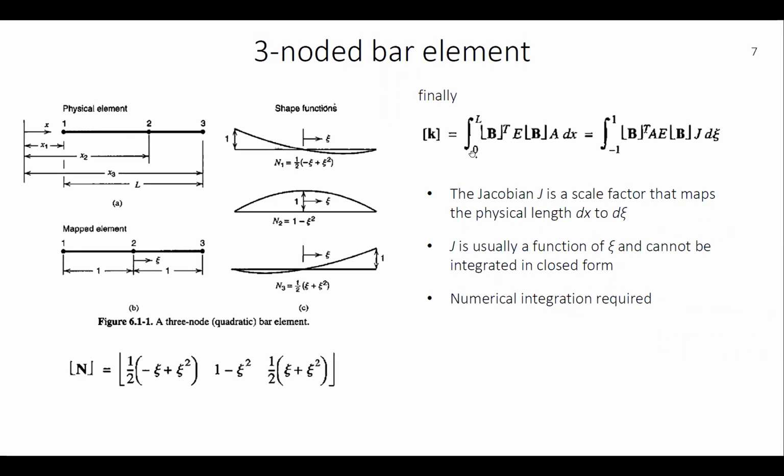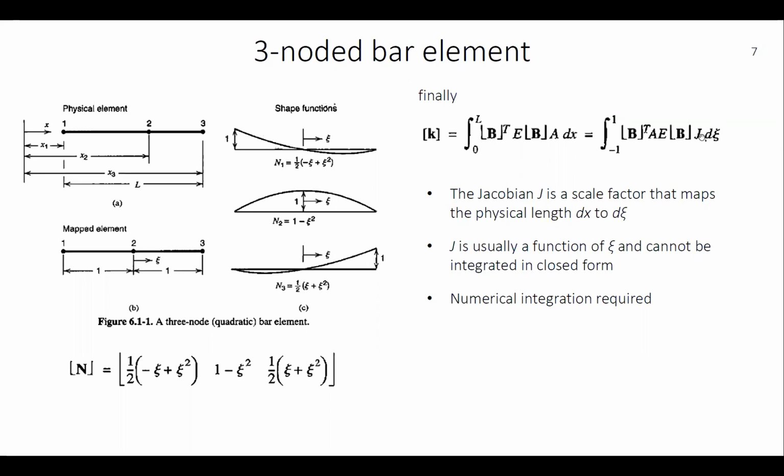Integrate this over the whole element. So this is the general procedure, actually, when you have the B matrix in only the global domain. But now we have it formulated in the mapped domain. So instead of integrating over the whole element length, we integrate from -1 to +1 using the newly obtained expressions for B.